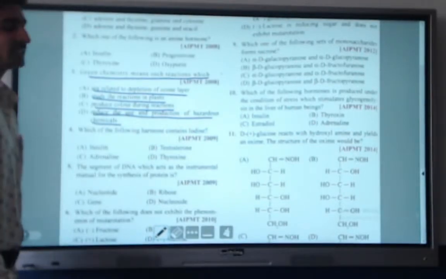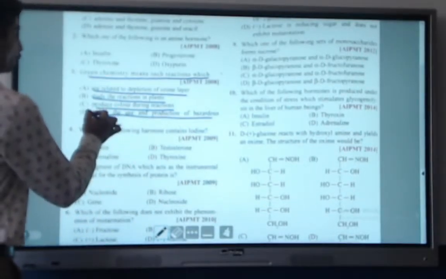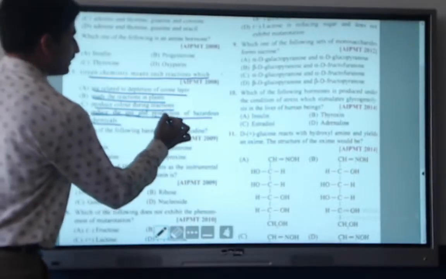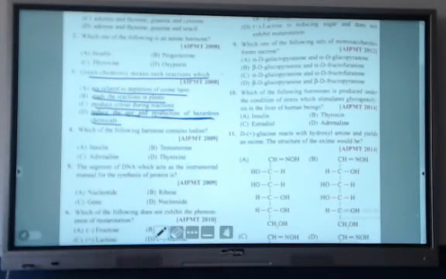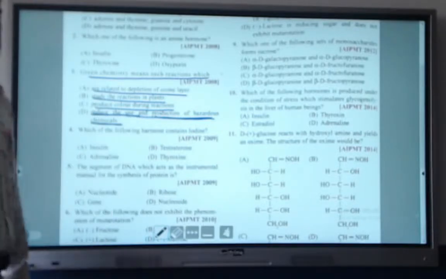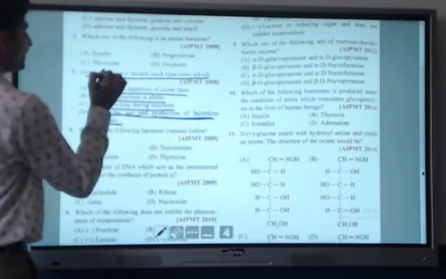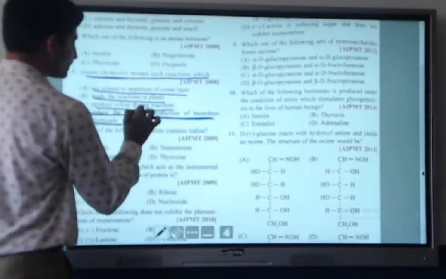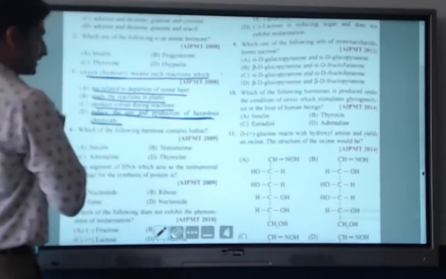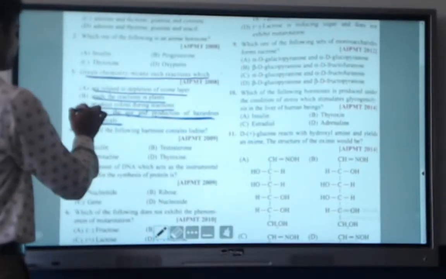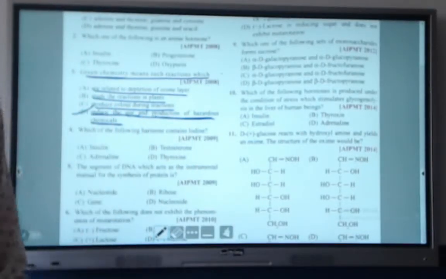Green chemistry is nothing but reducing the use and production of hazardous, poisonous, dangerous chemicals. So the answer will be D.